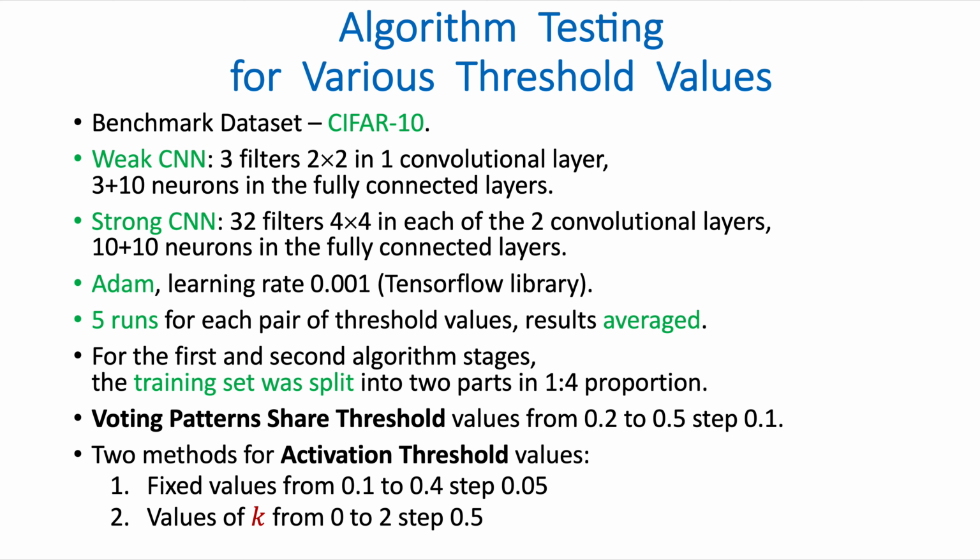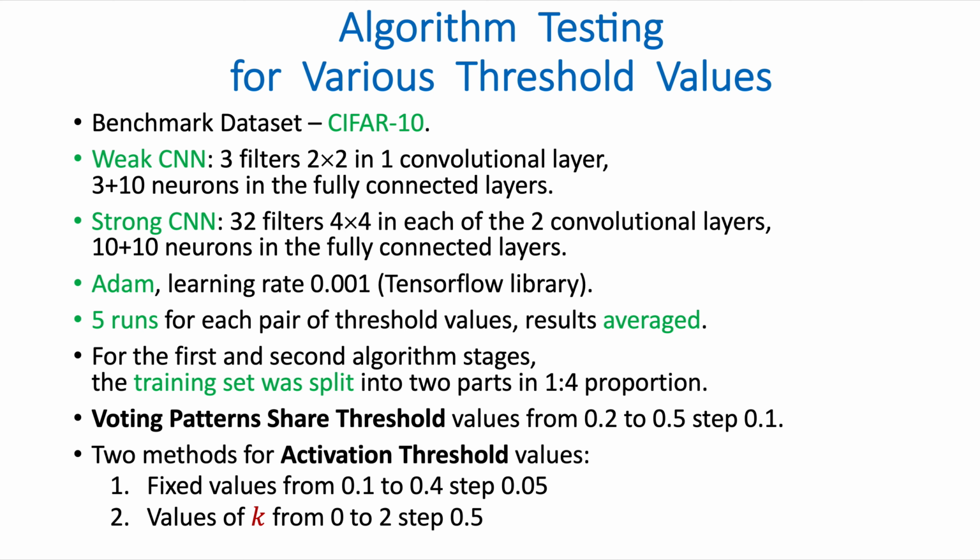On this slide, we present the setup for testing for various threshold values. The benchmark dataset is CIFAR-10. There are parameters of the weak CNN and the strong CNN. For optimization, we use Adam with a learning rate of 0.001.